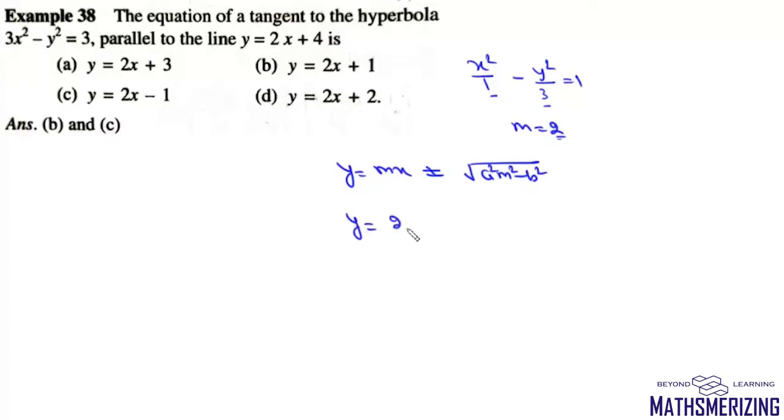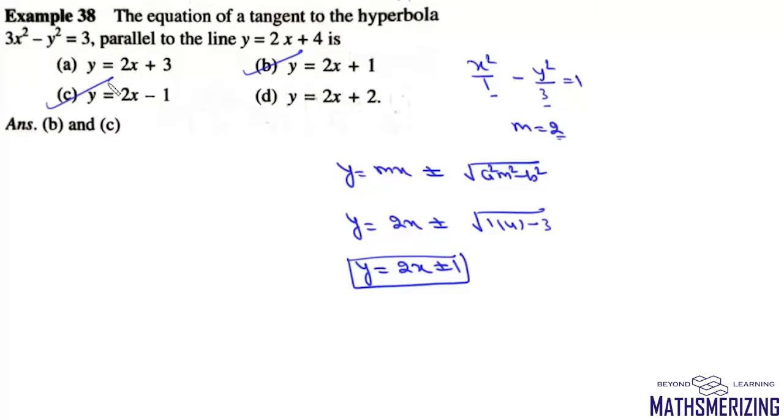So it will be y equals 2x plus minus under root of, what's a square? a square is 1 and m square is 4, minus b square, which is simply 3. So we'll get the equation of tangent as y equals 2x plus or minus 1. So the answer to this question will be option B and option C.